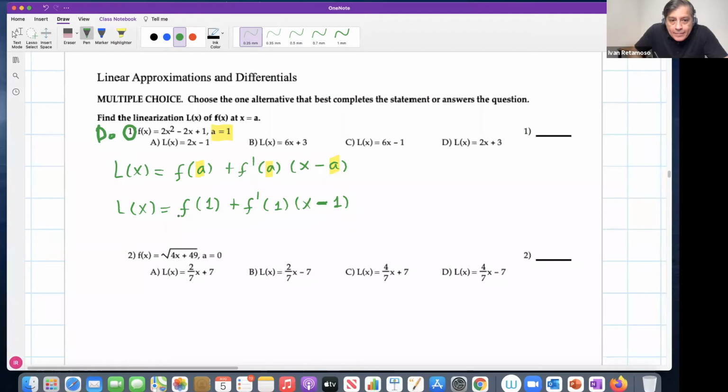Compute this guy, then compute this guy with the derivative, and then just simplify, and your answer should appear there.